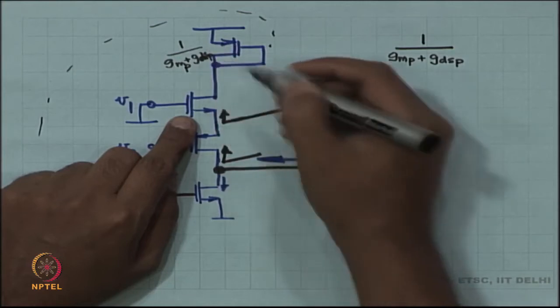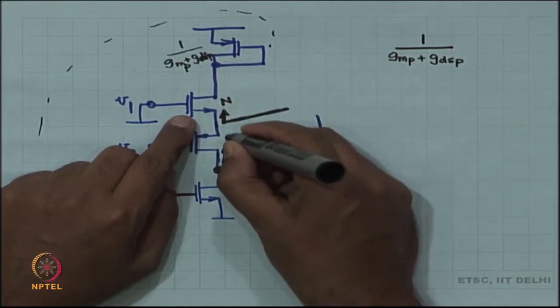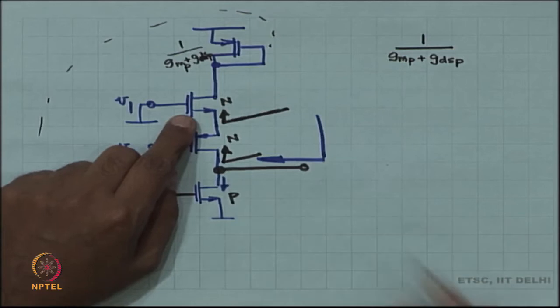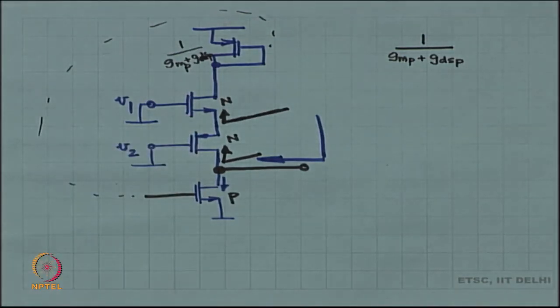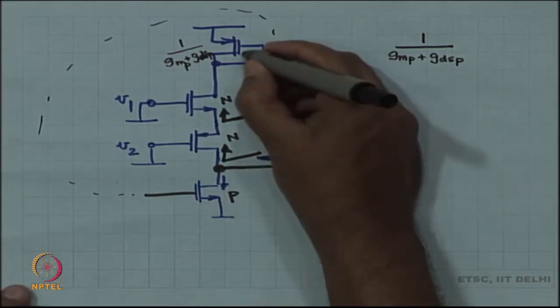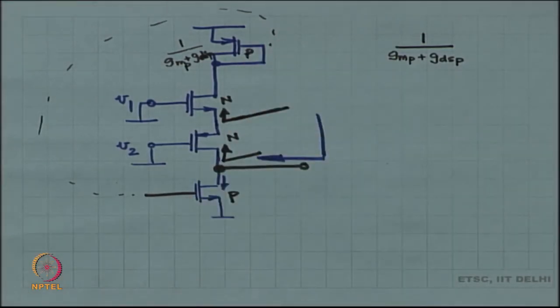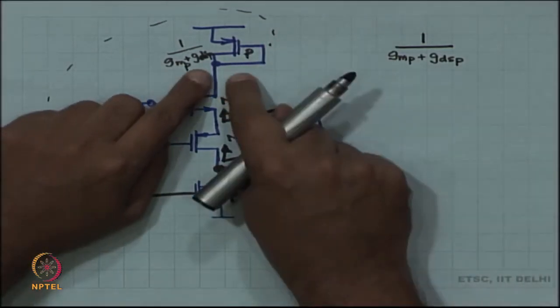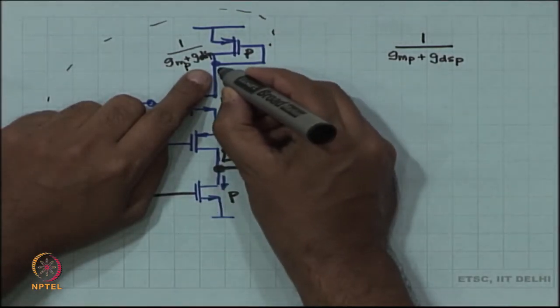By the way, this is actually a PMOS, this is actually an NMOS, this is also an NMOS, this is a PMOS in the actual circuit. Okay. So, right now I have drawn it differently, but these are actually the NMOSs and PMOSs. So, the impedance looking up over here is what I have written.